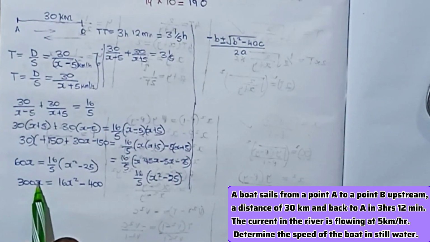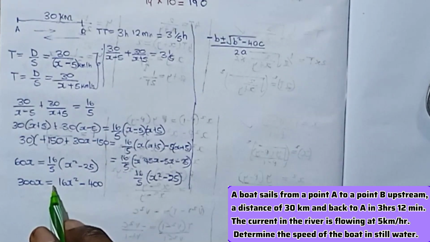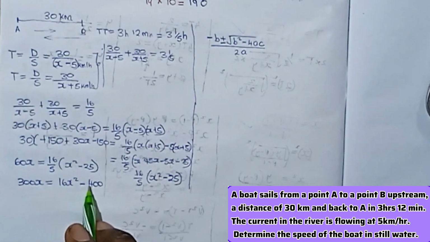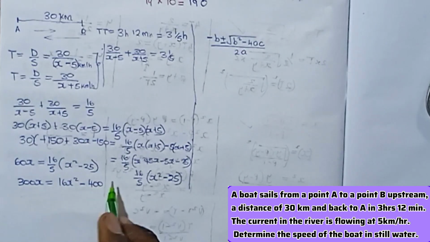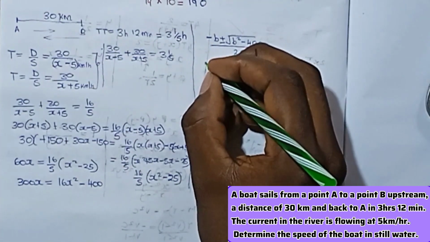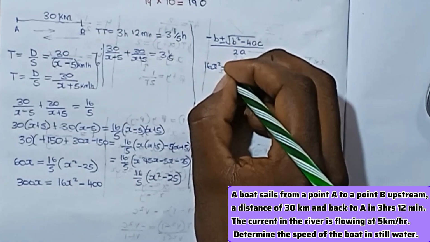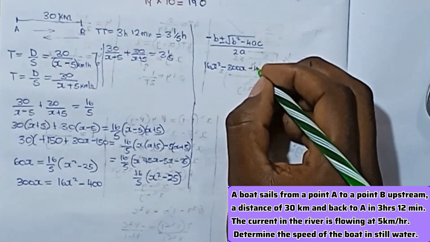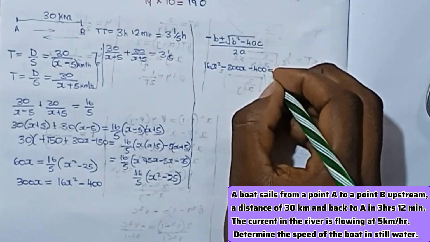In this equation we're going to write it in the form 16x square minus 300x minus 400 equals 0.